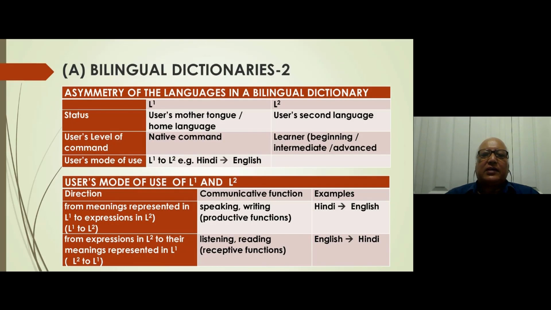So that is the home language, whereas for them L2 would be either Assamese or English, depending on which language they decide to have as their second language.